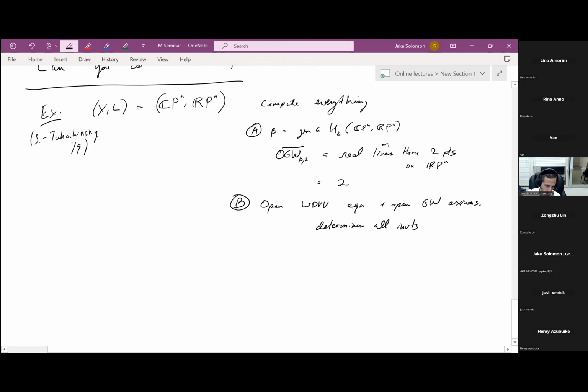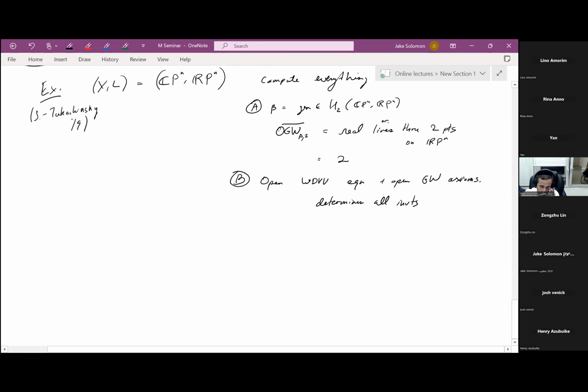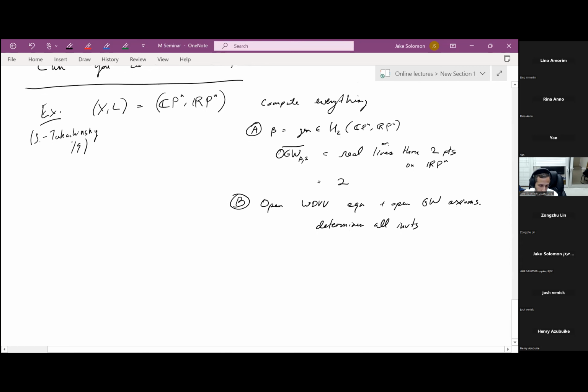So the crucial invariant here is that you have this real algebraic geometry. Okay, it's pretty basic real algebraic geometry. There's other cases where it's more involved. And you can use this as an input from which you can then compute invariants.